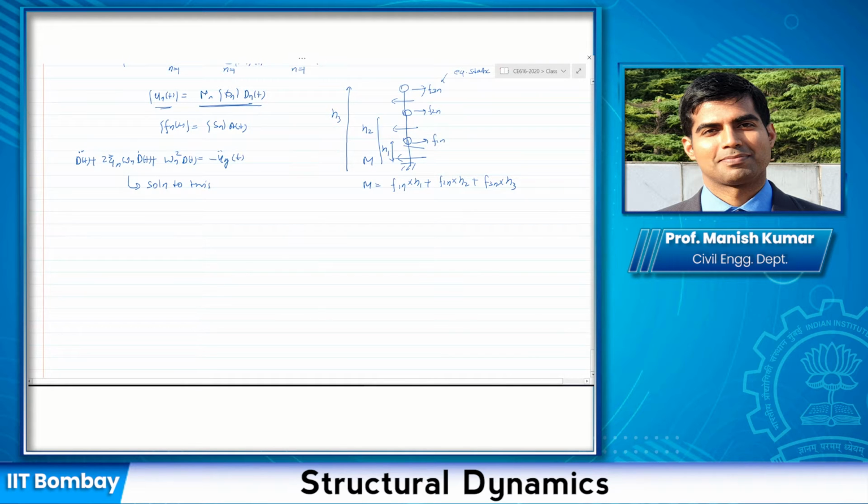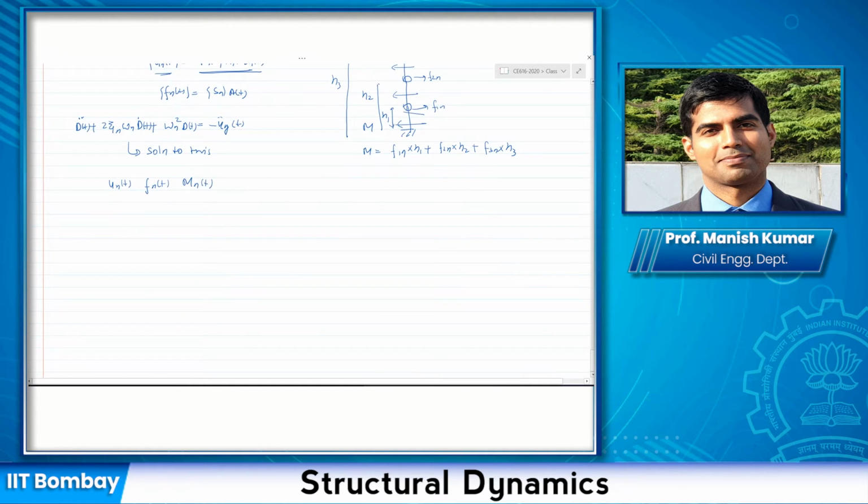In most cases, our goal of any structural analysis is to find the peak responses, like peak displacements and peak forces. So I have my UNT, I have my FNT, and I have my, let us say, MNT, which is the moment. These are for all the nth modes.